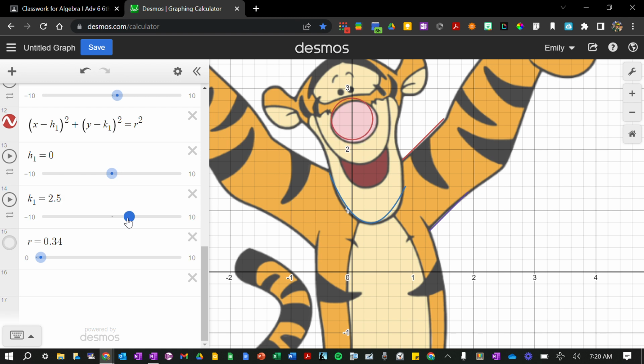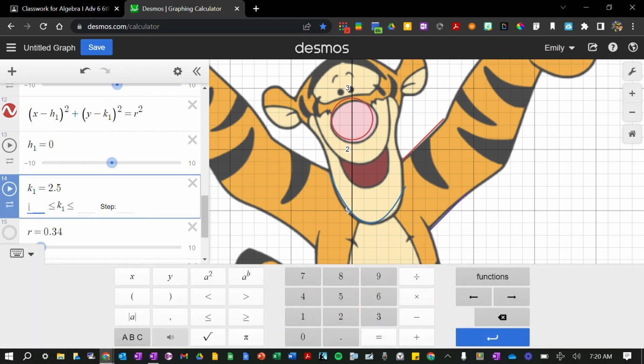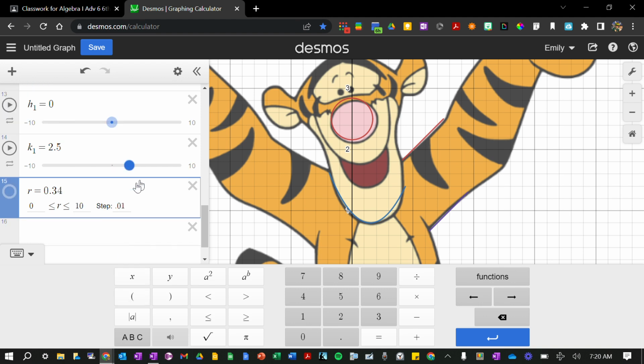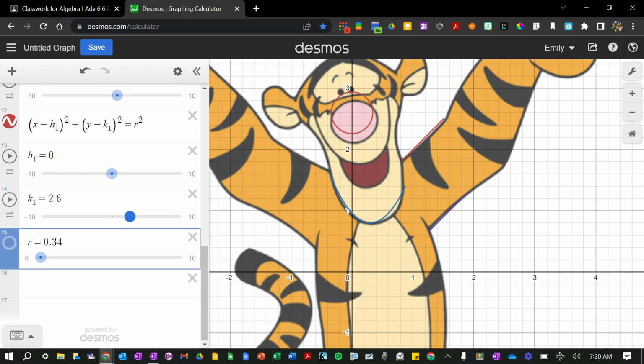Maybe up a little bit more. And again, if you want to be able to control it really, really well, you can always go in and adjust your step like I've been doing this whole time, 0.01. So now when I use this slider, it's going to be a lot more controllable.